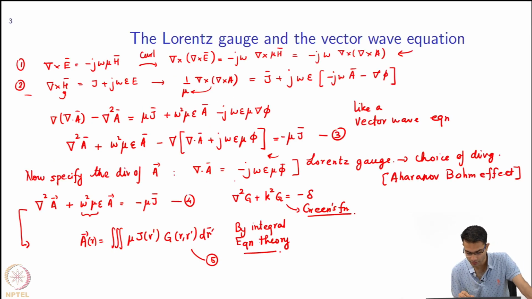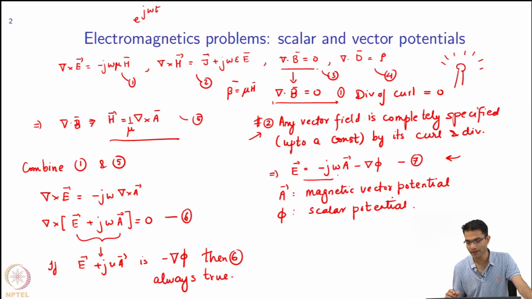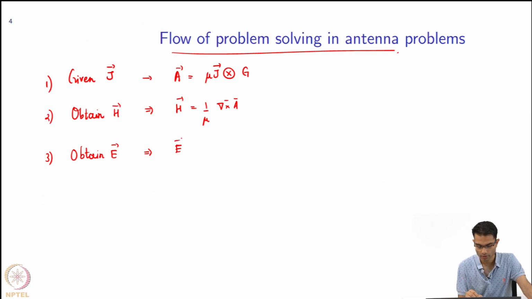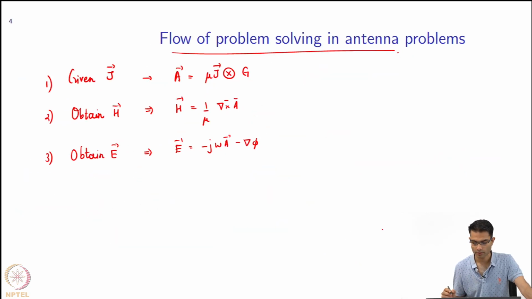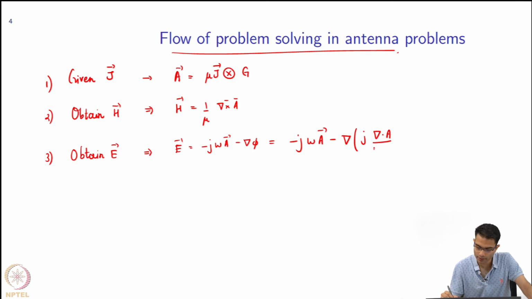In terms of this definition, E is minus j omega A minus grad phi, and we have found a relation for phi: phi is equal to j by omega mu epsilon del dot A. So, this will become minus j omega A minus grad of j del dot A divided by omega mu epsilon. Everything is in terms of A.